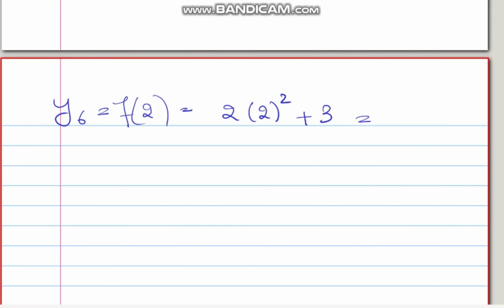Calculate this. 2 square is 4. 4 multiplied by 2 is 8, and 8 plus 3 is 11. Now y7 is what? We have f of 3. Just put the 3 in place of x. Oh sorry, it is plus 3 here. It will be plus 3 here.